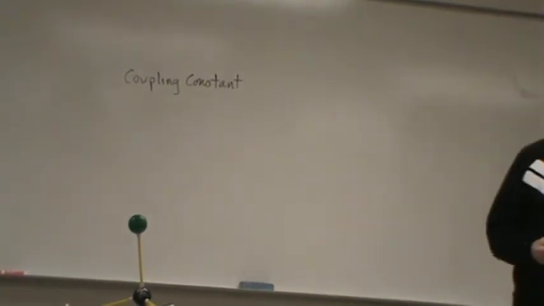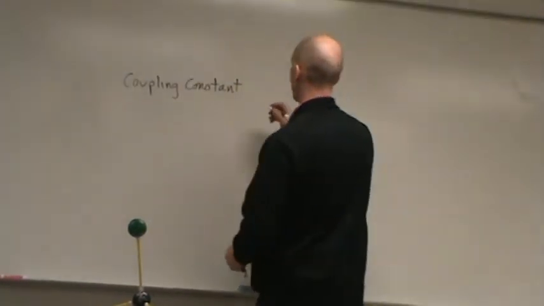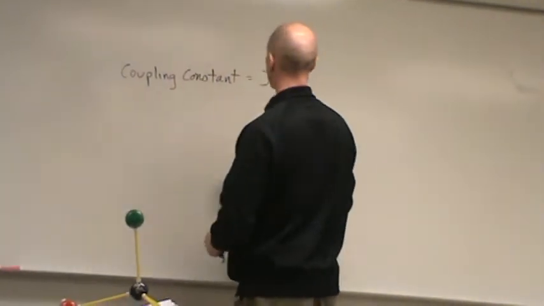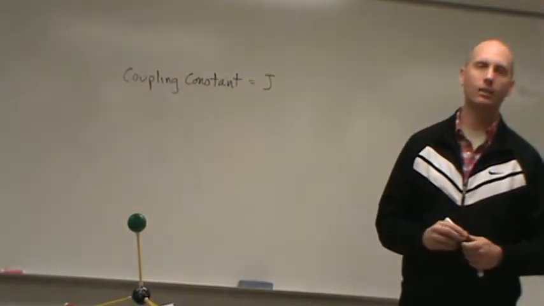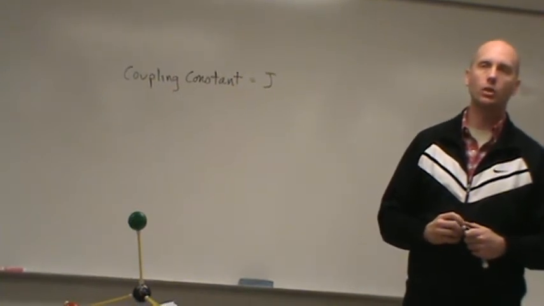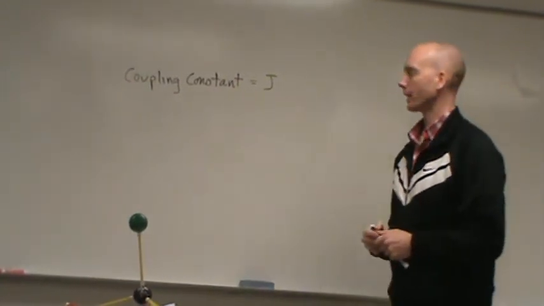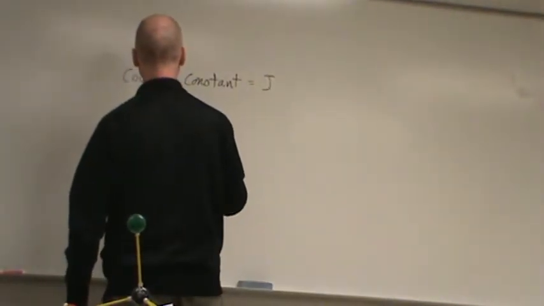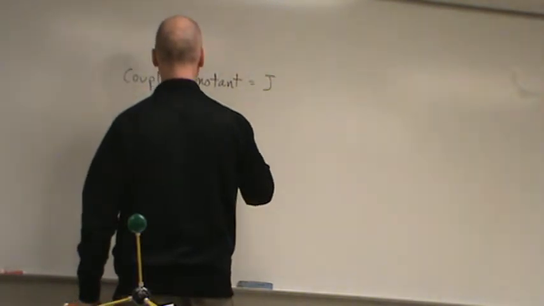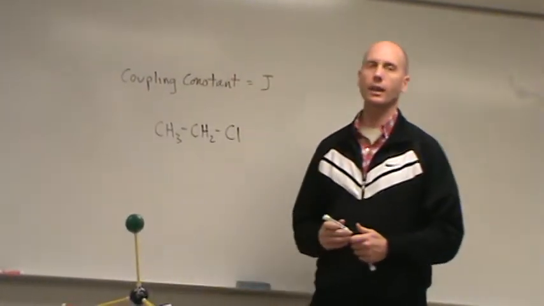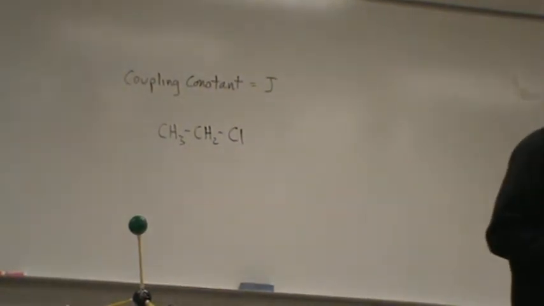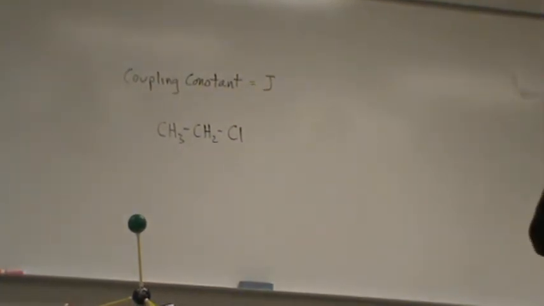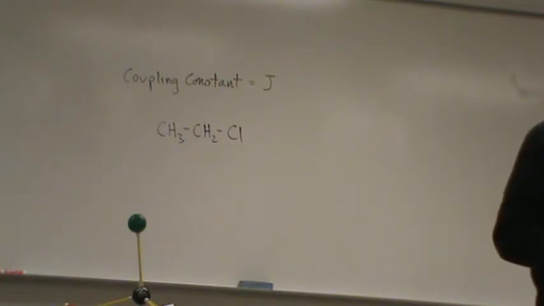Okay, coupling constant, and that is usually given the symbol J. Okay, let's figure out what the coupling constant is, and let's do that by looking at our old friend chloroethane. Remember our friend? Our friend now should be very friendly. You should be able to draw that spectrum very quickly, shouldn't you? Okay? What does the spectrum look like?